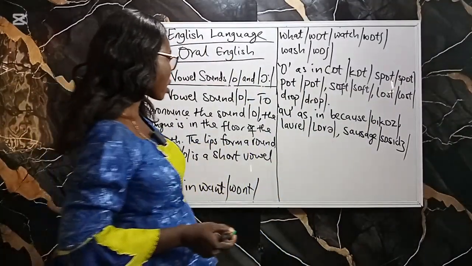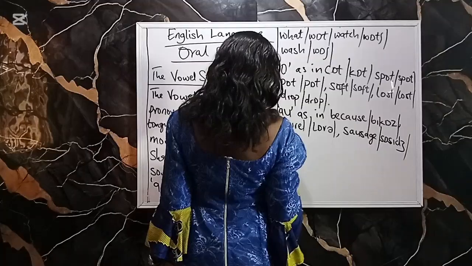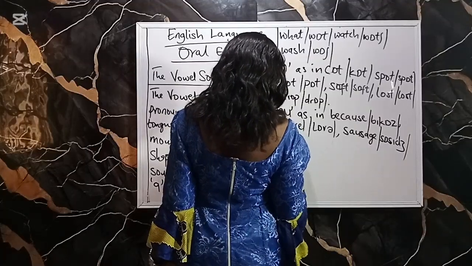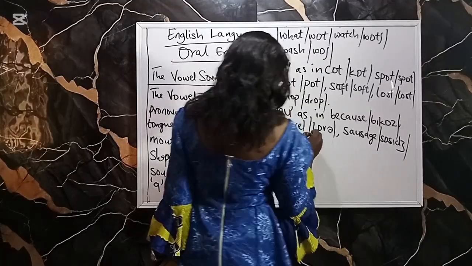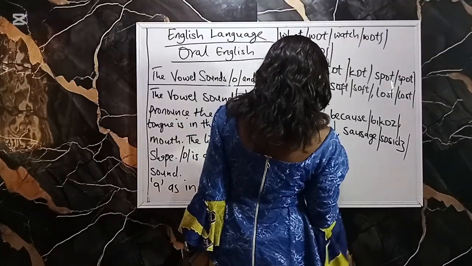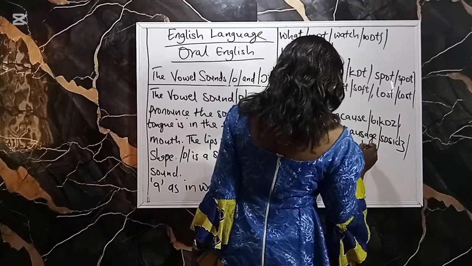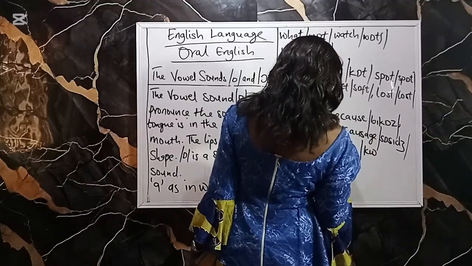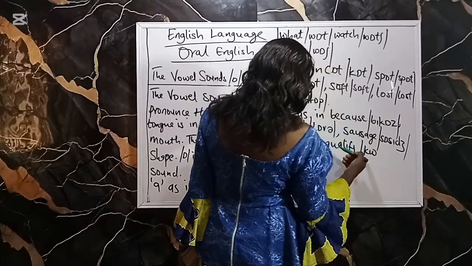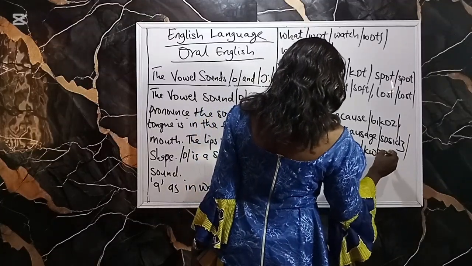Okay. Then we also see it in the letters UA, as in qualify. This is pronounced KW together. Qualify.